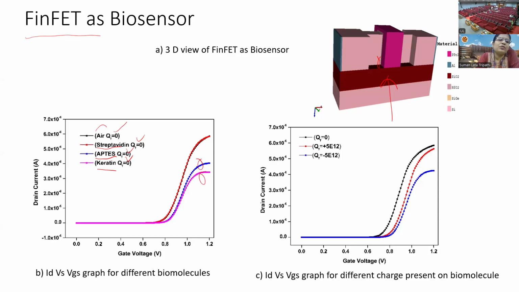But all follow ideal behavior, so we can calibrate these changes and predict about any other molecule which is different from these. After making a pattern with these, we can calibrate for any unknown foreign molecule also.